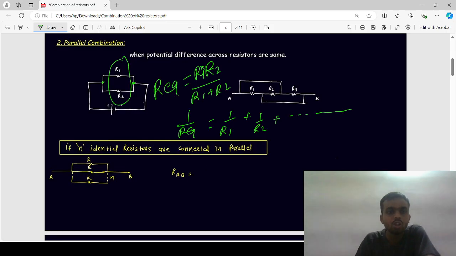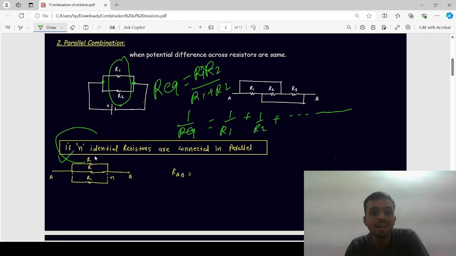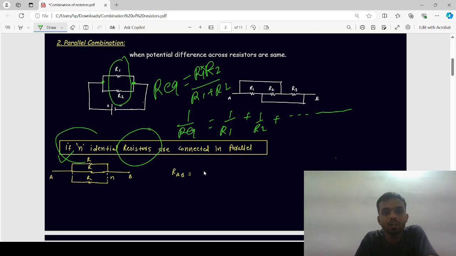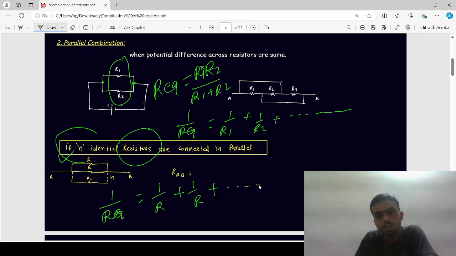Okay, so let us assume a scenario like the previous one, where we have a circuit with identical resistors, meaning each resistor has the same resistance. Then we will get 1 upon R equivalent, which will be nothing but 1 upon R plus 1 upon R, n times, right?